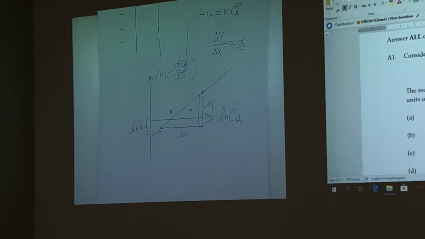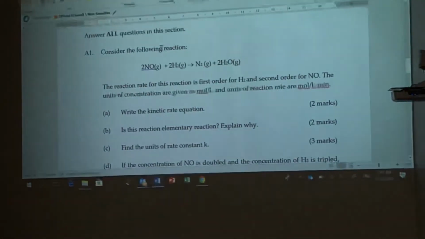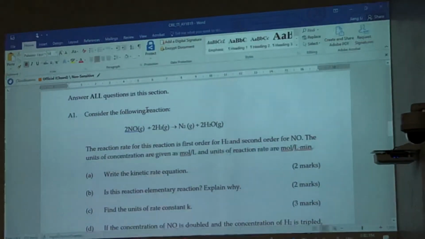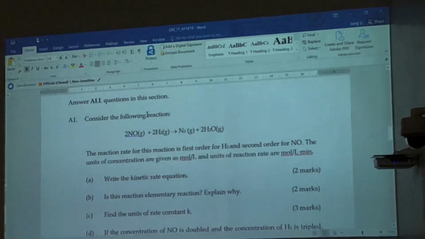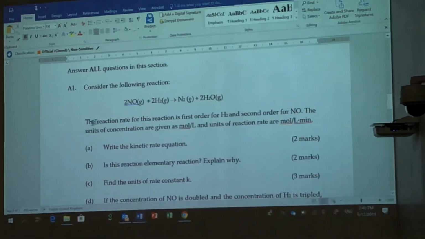This question is a little bit tricky here. See here, it never mentions the following elementary reaction. It didn't say, right? But it's given as this. This reaction is first order for hydrogen, and second order for nitric oxide.